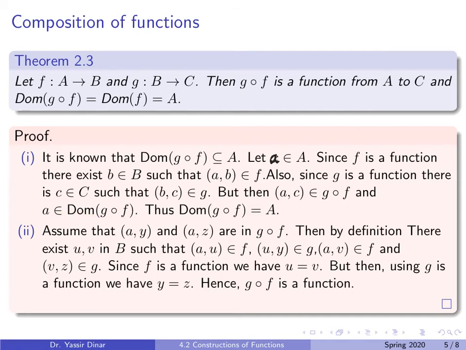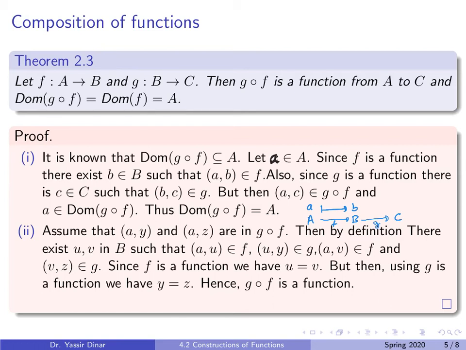Let's illustrate how this proof works. So the main idea is I will take a, an element in the set A. Then I know that f is a function from A to B. That means this element will be sent to some b in the set B. And now also I have a function from B to C, which is g.